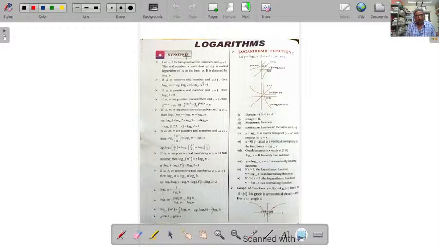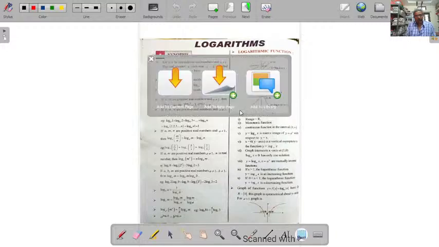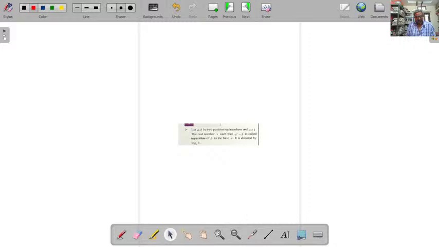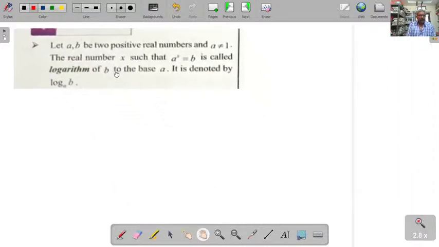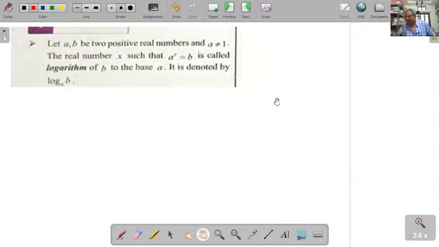First, let us move one by one through the concepts of logarithms. This is the concept of the logarithm.